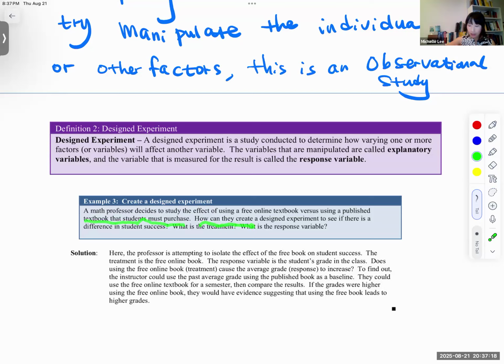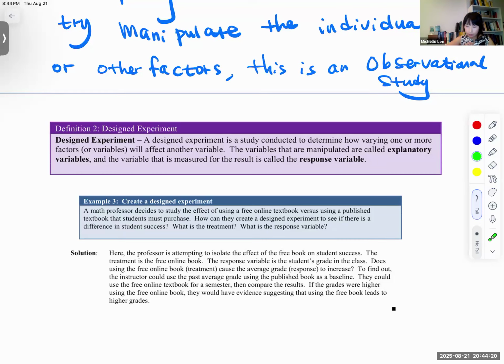How can they create a designed experiment to see if there is a difference in student success? What is the treatment? What is the response variable?